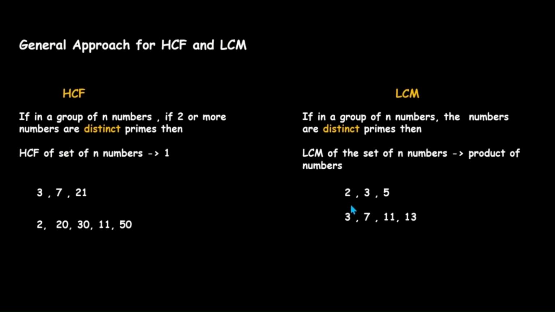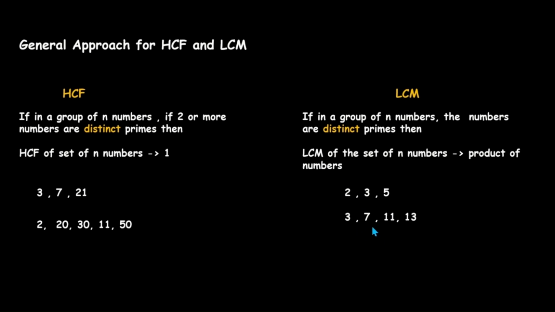So here are two examples: 2, 3, 5. All of them are distinct primes or different primes. Then the LCM of this set of numbers would be simply the product of the numbers, 2 into 3 into 5. Similarly, another example: 3, 7, 11, 13.